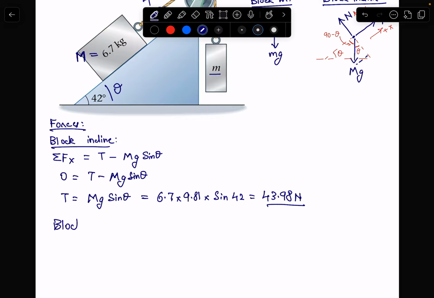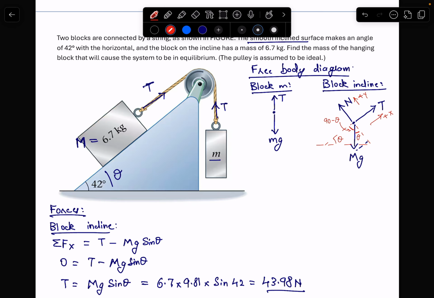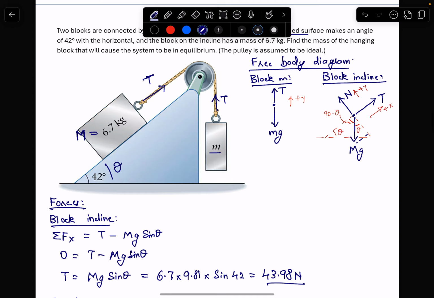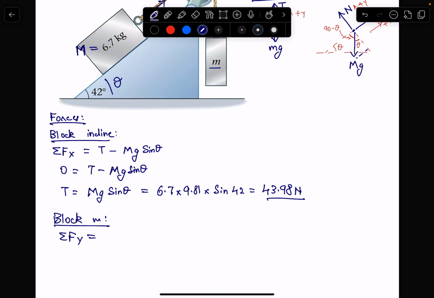So let's look at block M. Summation of forces in the y direction, because I'm just assuming that is positive y. The y direction is T minus small mg. It's not moving, so it's 0.